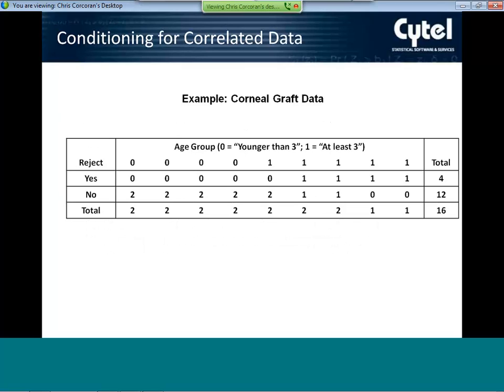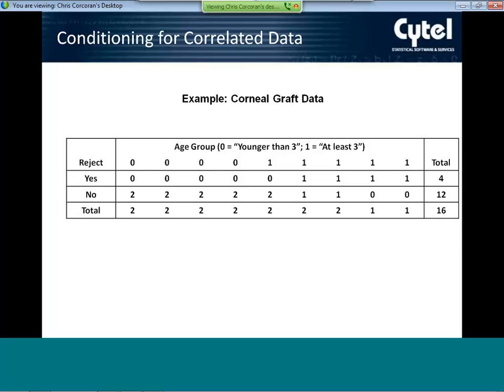Now let's go back to the corneal graph data example. You can see that I'm representing these data now in a slightly different way than you saw on that original slide where I presented this example. Here, each column in this table corresponds to a child in the study.